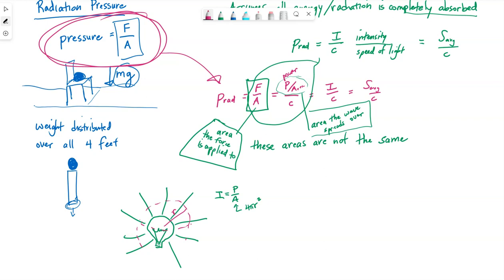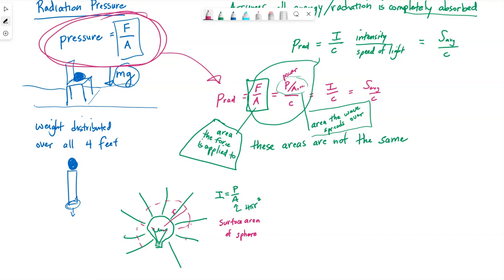So this would be the surface area of the sphere, because I can go out in any same direction and observe the same intensity. Now, minus the base, of course, but we're ignoring that part for all intents and purposes.